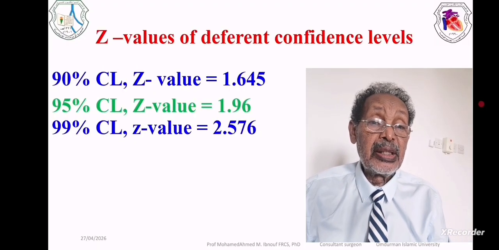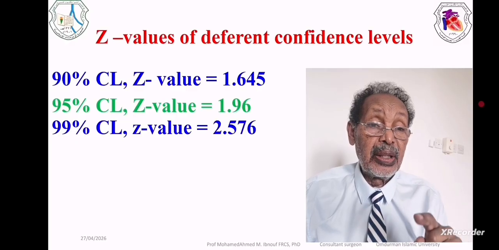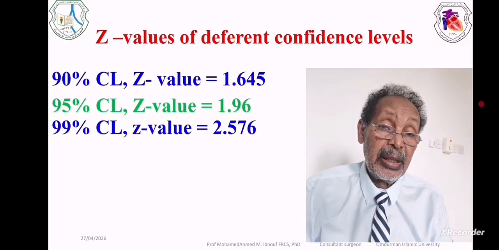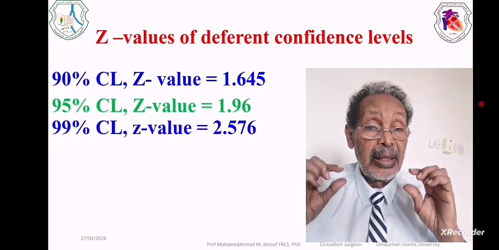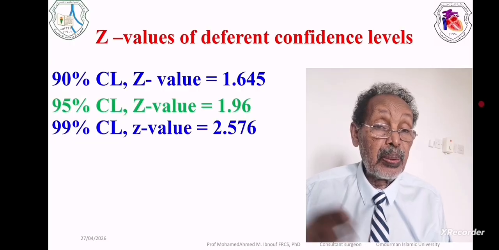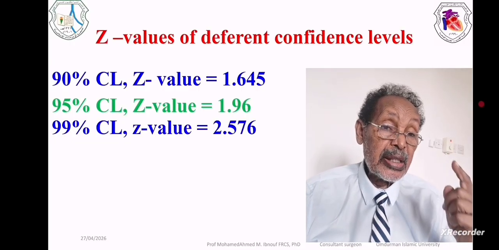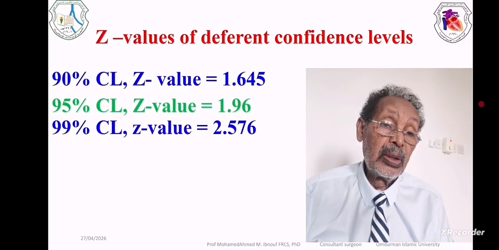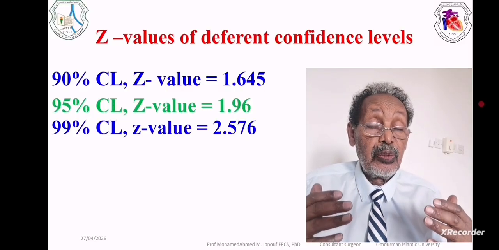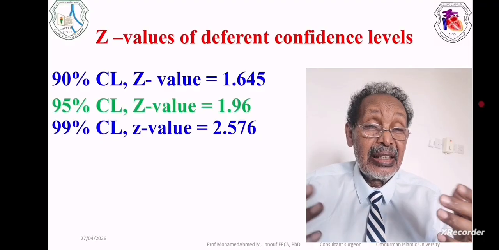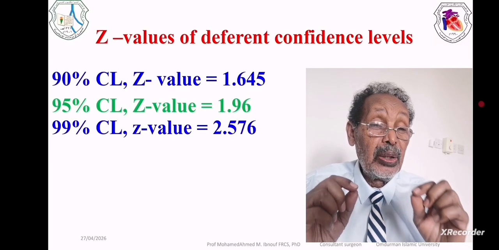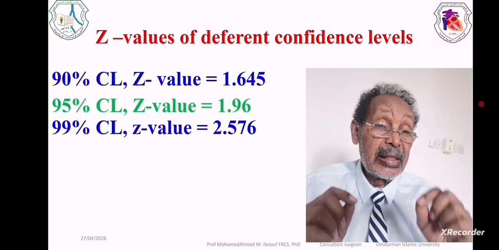So the z-value, as I said before, is different with the level of confidence. As written here in green in the middle, at the 95% confidence level, the z-value is equal to plus minus 1.96. Known, easy. When we use a confidence level less than that, just 90%, the z-value will become less. It will be 1.645, less than 1.96.